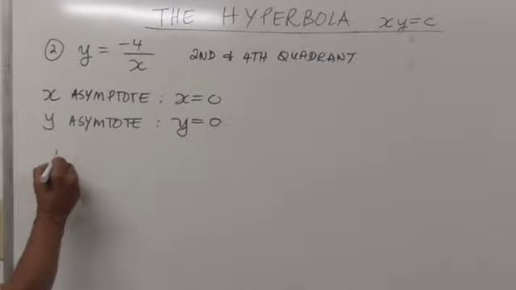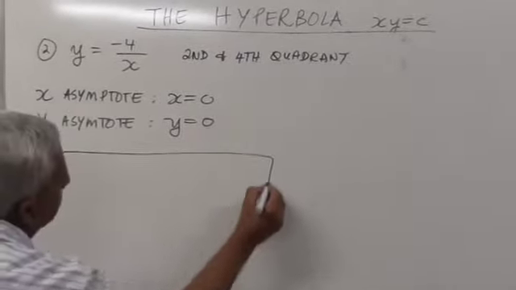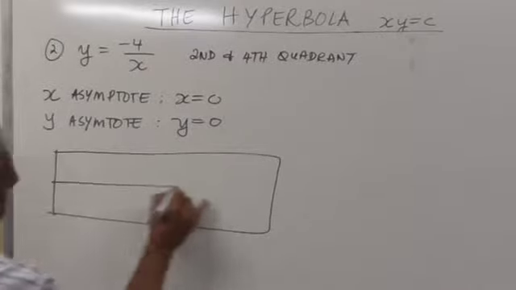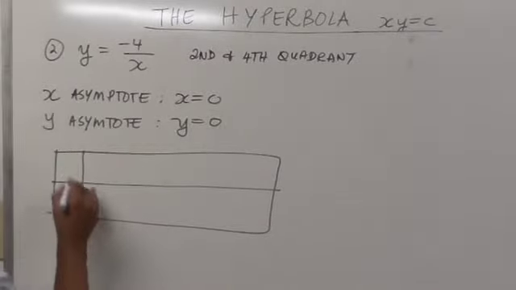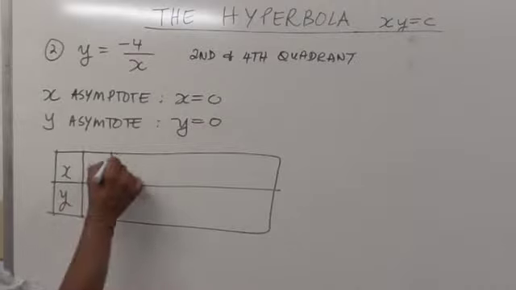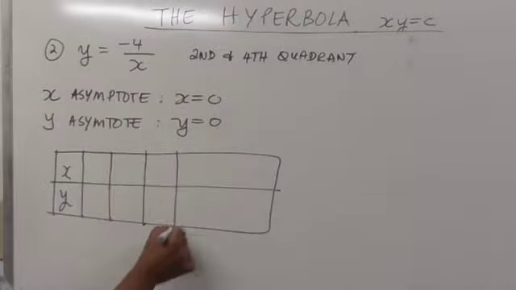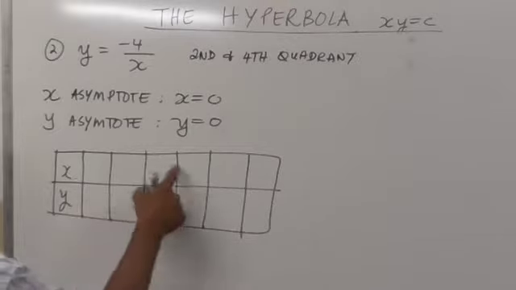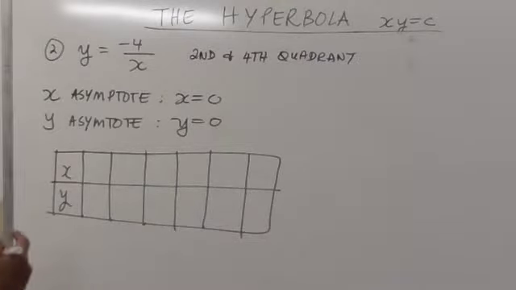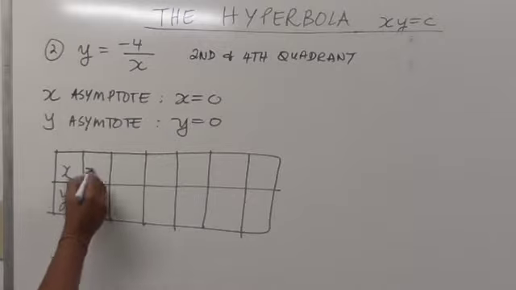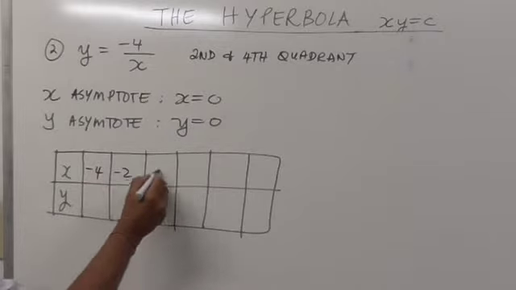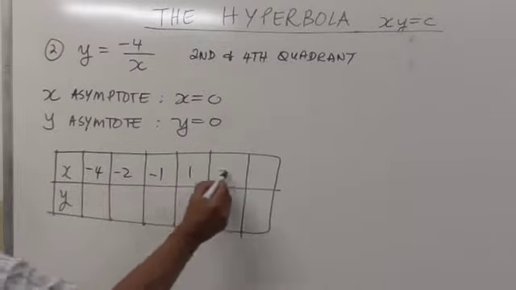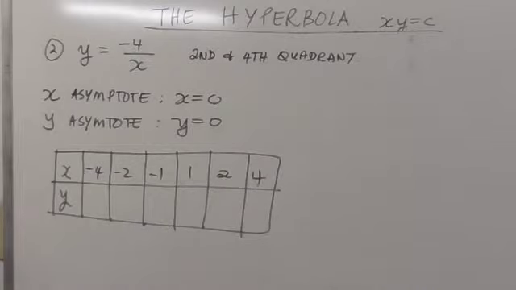Then we want to find the ordered pairs. Right. Now, let's say you use minus 4, minus 2, minus 1, and you use 1, 2, 4.